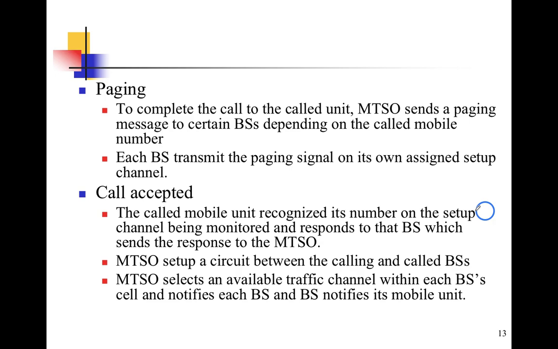What the MTSO does is send a paging message to certain base stations, depending on the mobile number, so they blast the message. So what happens? Each of the base stations will transmit the paging signal on its own assigned setup channel.